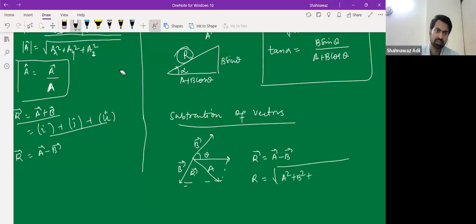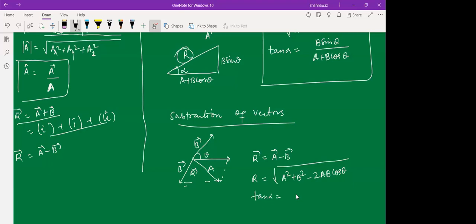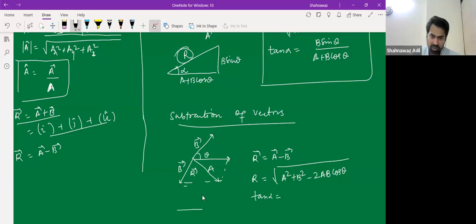Yes, absolutely right. And the angle was, remember, this diagram. So this is A minus B cos theta, B sin theta. Whenever you remember this equivalent diagram, then you can just calculate.